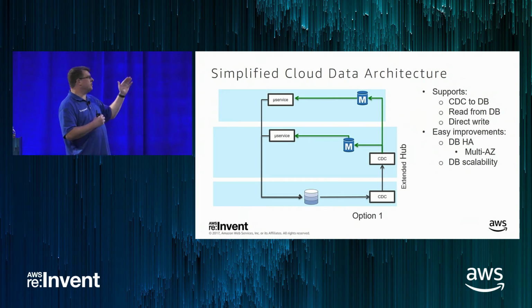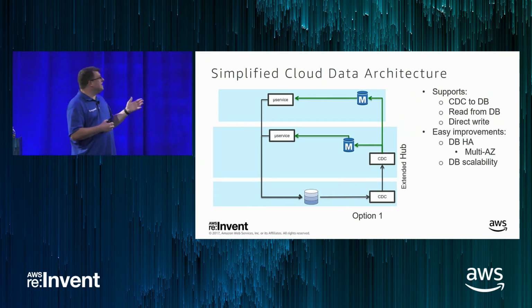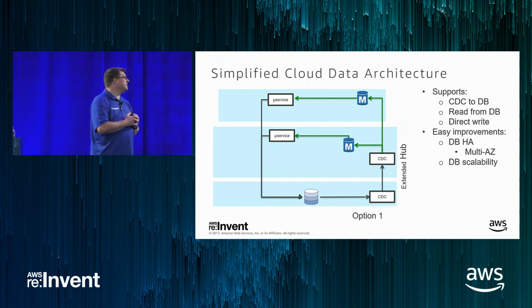We're moving from relational to relational. The CDC handles it. It makes life nice and simple. And it's fairly easy when you're working with one RDS database to get easy improvements with scalability by adding read replicas and availability by going multi-AZ.